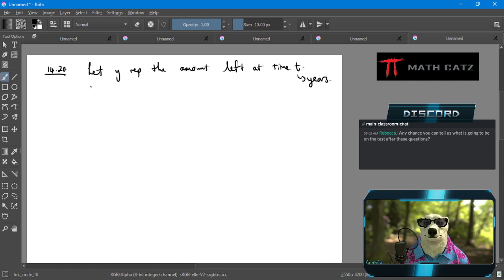Now, I am always going to have the information that I translate to my differential equation, which is some decay constant times my function.